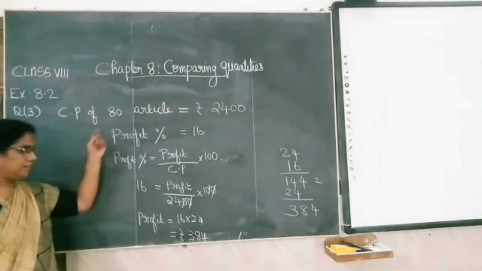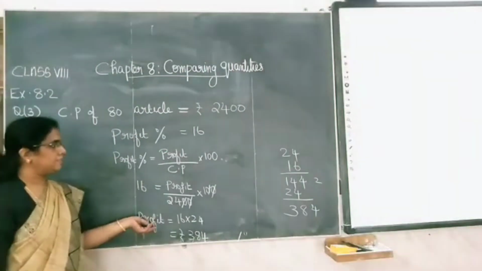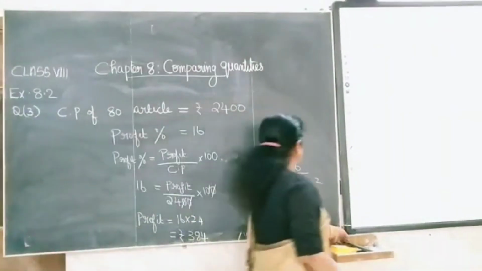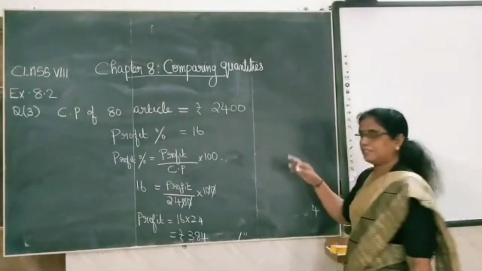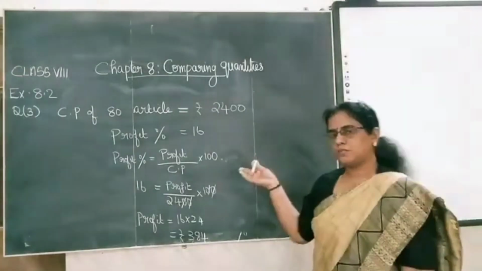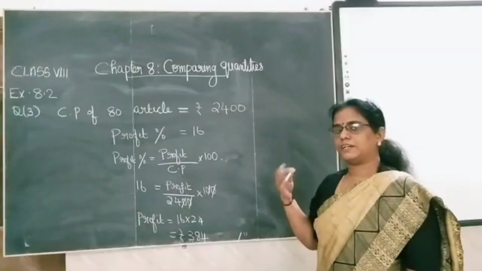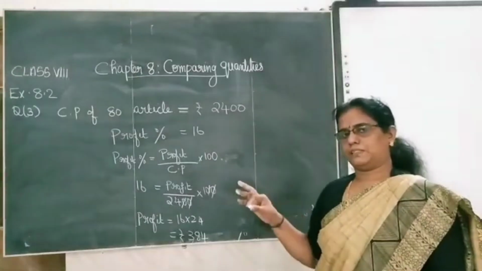Cost price already is there and profit is there. So we can find selling price. Selling price equal to cost price plus profit. Profit is a good thing, so you can remember it like that. Profit means we are happy, so it adds with the cost price.